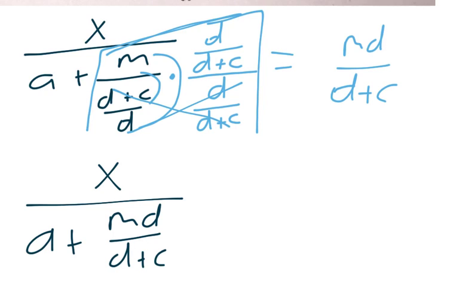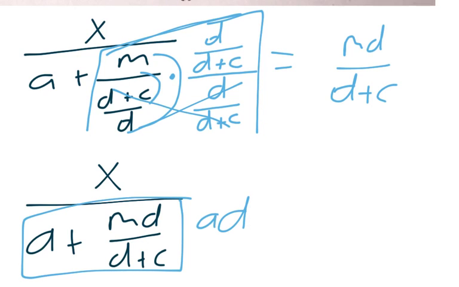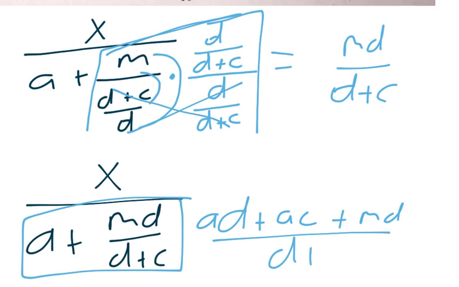We can repeat this process and do the same idea over and over and over again. Now we find a common denominator right here. D plus c, of course, is our common denominator, so it comes out to ad plus ac plus md all over d plus c. That's after we found a common denominator and then added, and then all of that is under x.